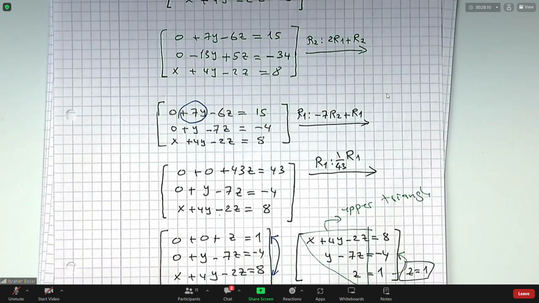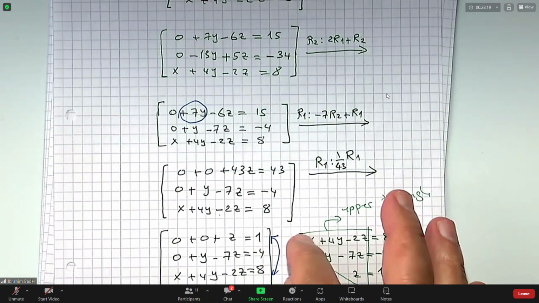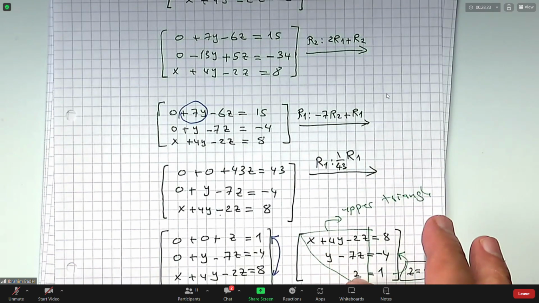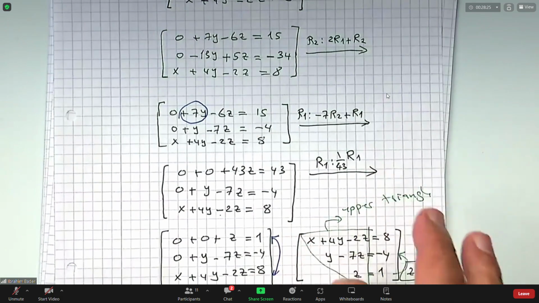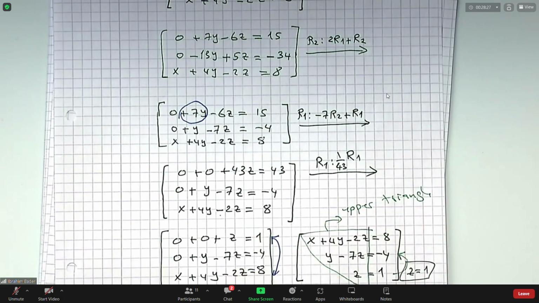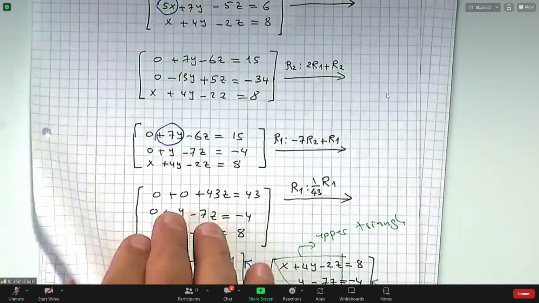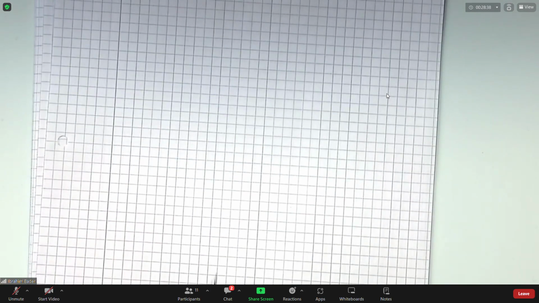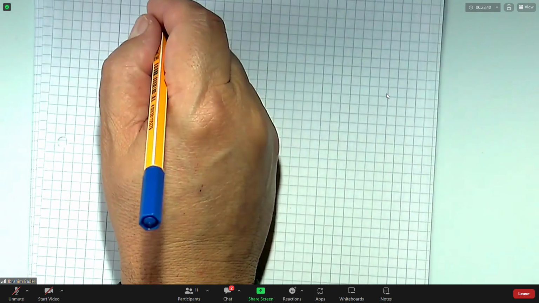So we continue with eliminating the upper triangular part, and then you will end up with a diagonal. If this diagonal is non-zero, then you multiply by the reciprocal, and you will get this one. This method, if you reduce it further to get this, is called the Gauss-Jordan elimination method.